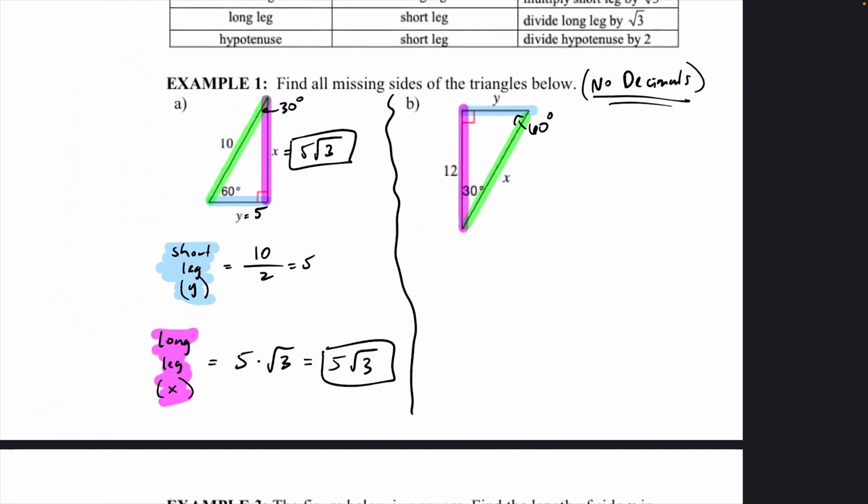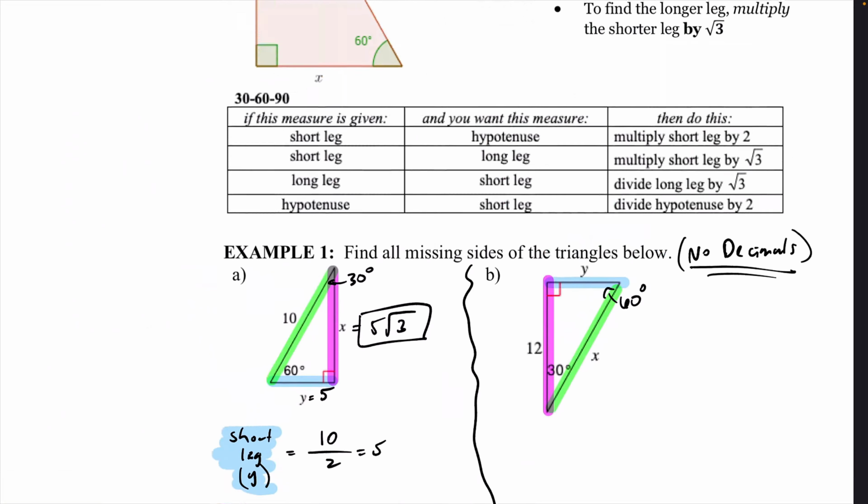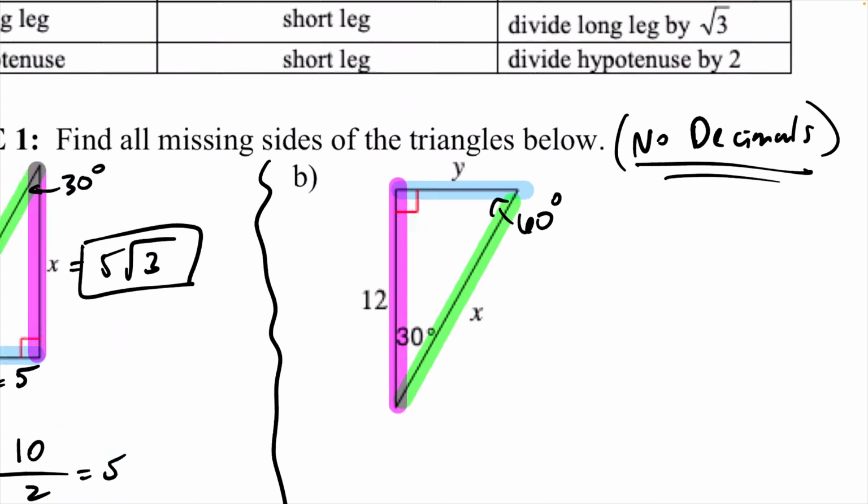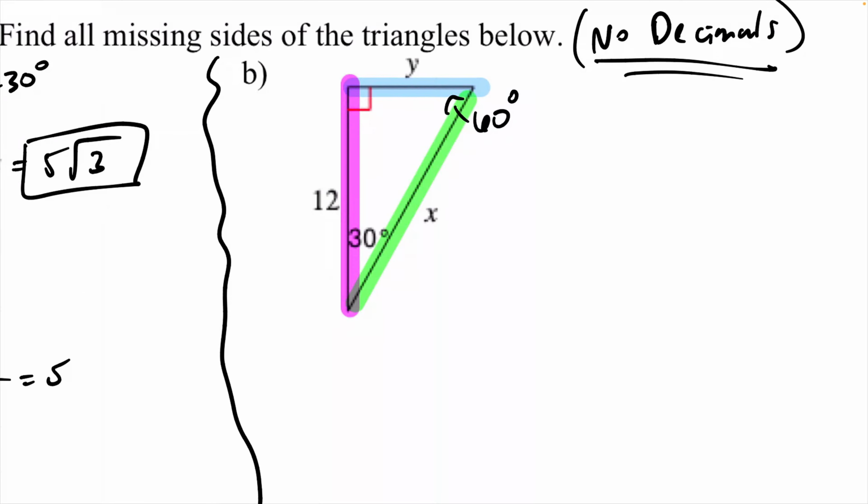So what do I have? I have the long leg. What's given? Long leg. How do you find the short leg? Because I still need to do that. You divide the long leg by the square root of 3. So I'm finding the short leg, right?